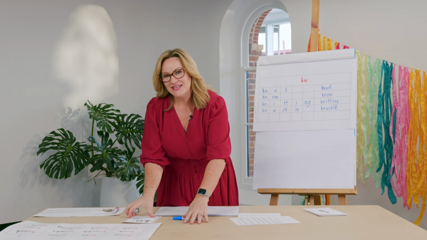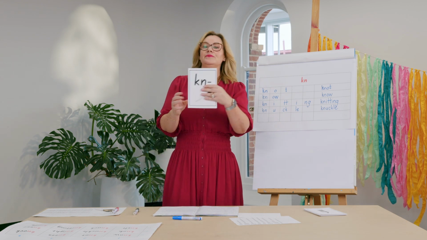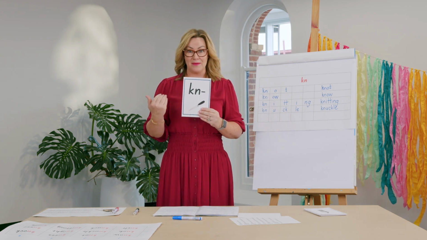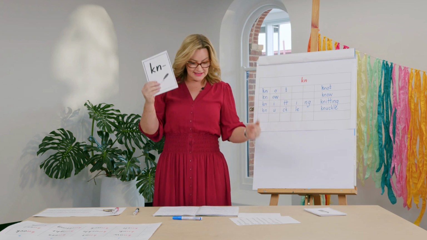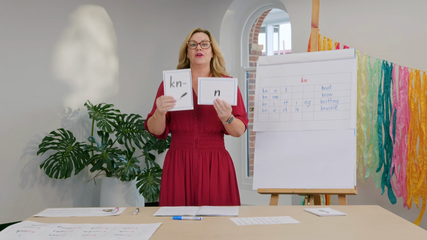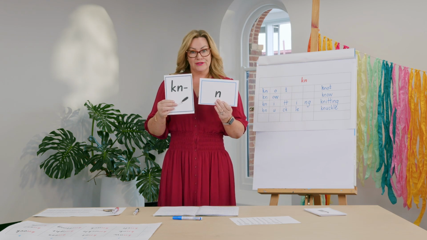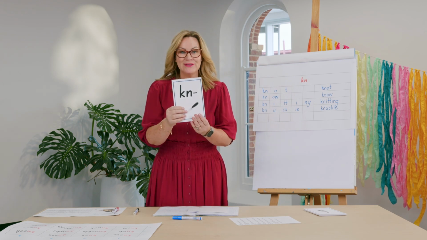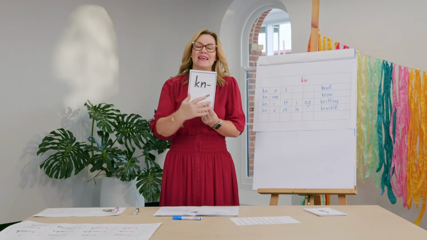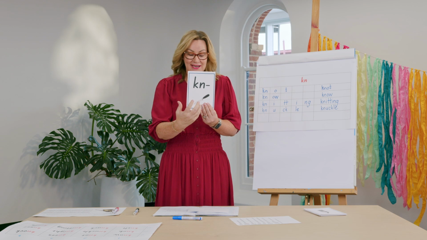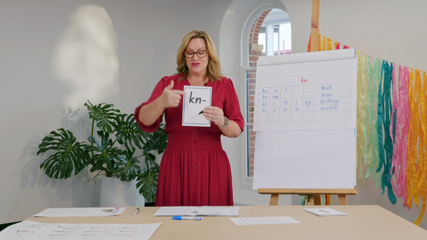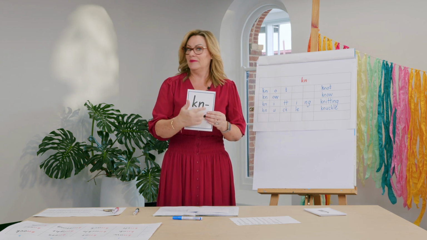So our learning intention today was our new grapheme KN, and it represents that N phoneme, like N as in nose. But because it's a spelling that comes from a long time ago, from old Germanic, old English words, remember, they used to pronounce this k-n.